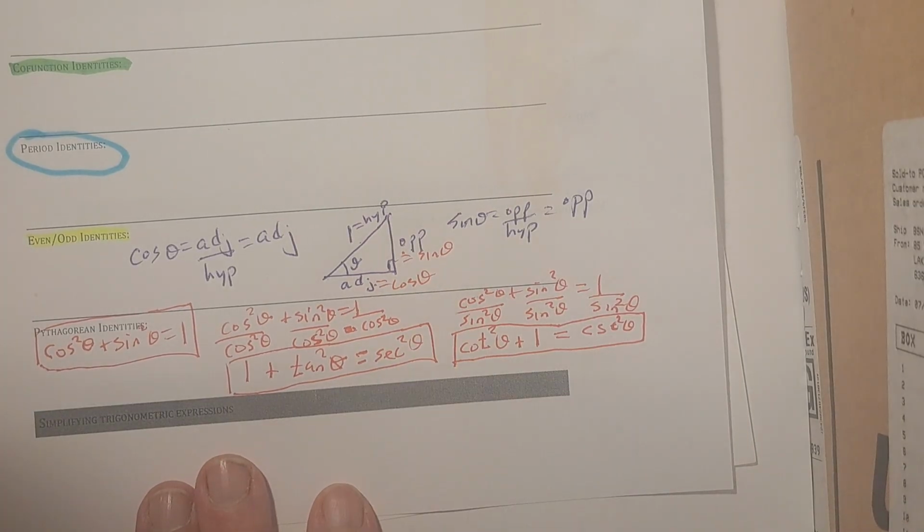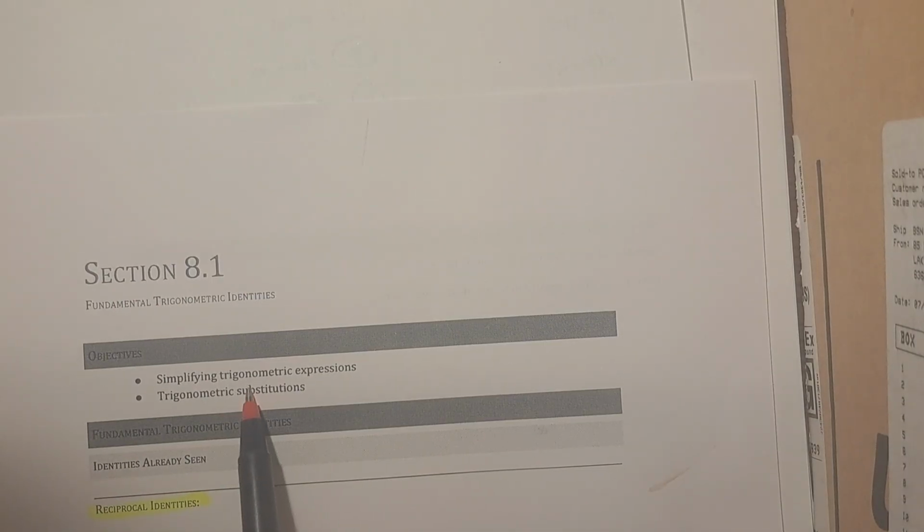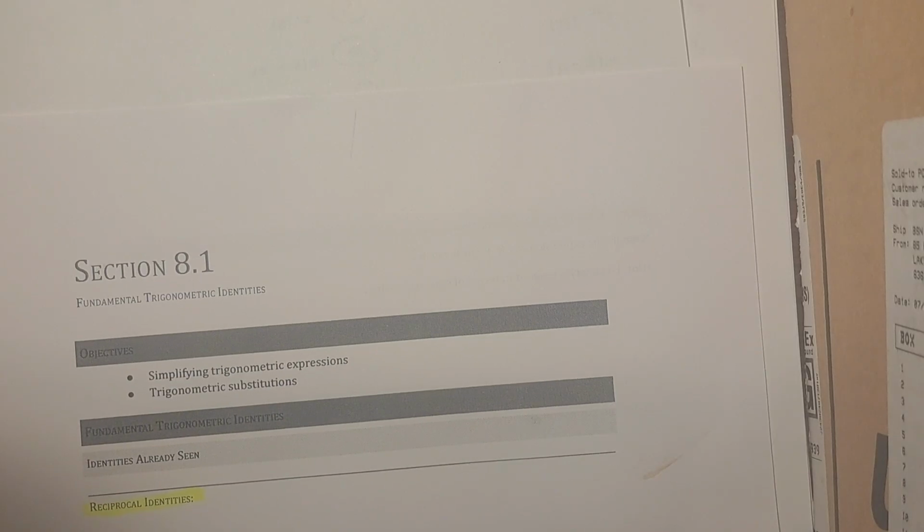Okay, so that's a review of the identities and formulas we've already seen. So where's the new part? What are we doing different in this section? Well, what we're doing is we're going to simplify trig expressions, and we're also going to verify trig identities.